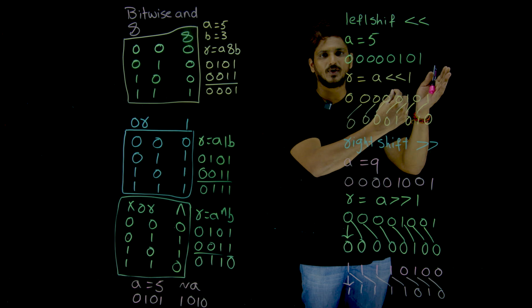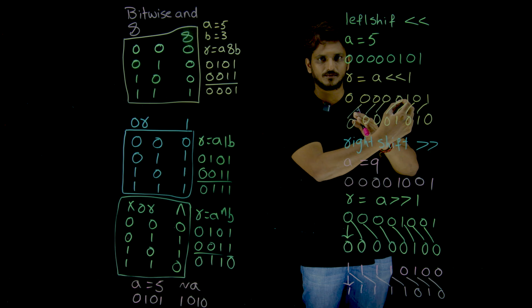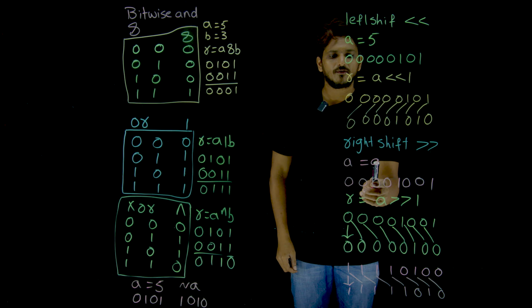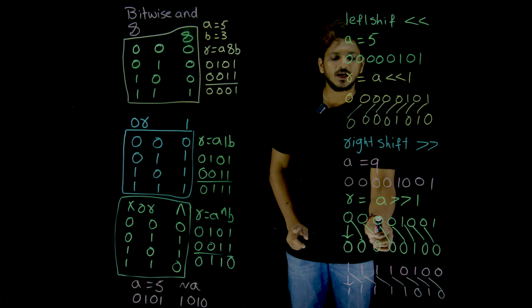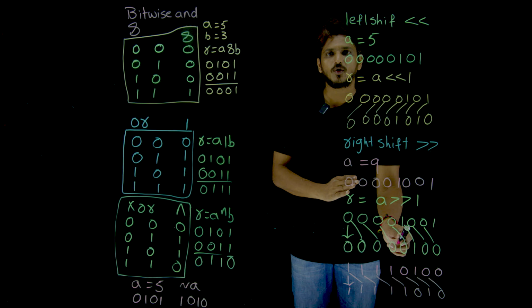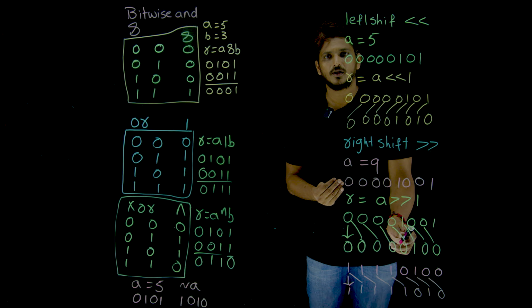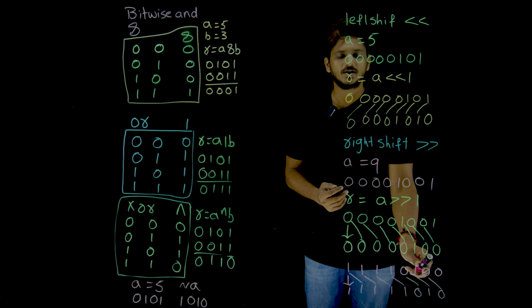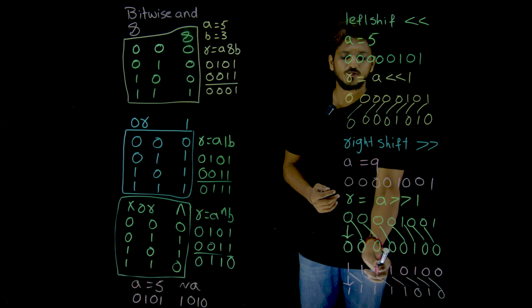Ceil value means next value, floor value means previous value. So whenever you divide 9 by 2, you get 4.5, and the floor value is 4. So whenever you do right shift, this value is 4.